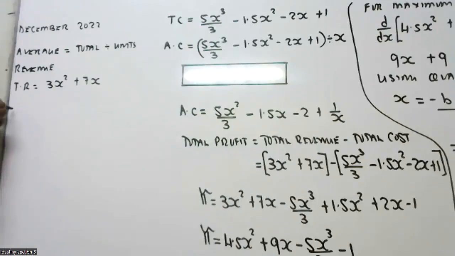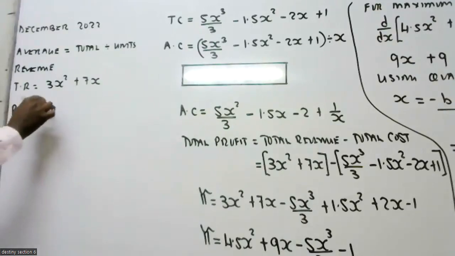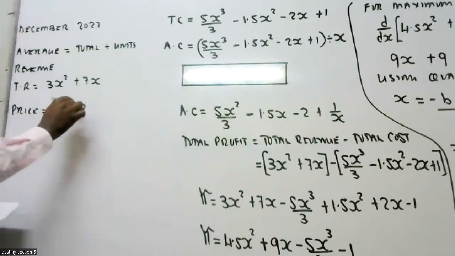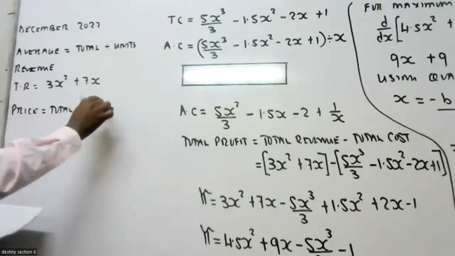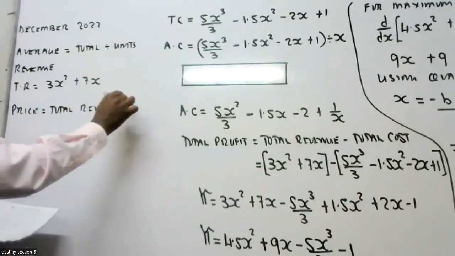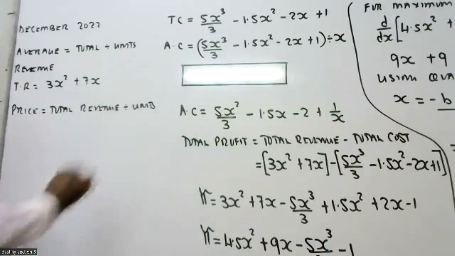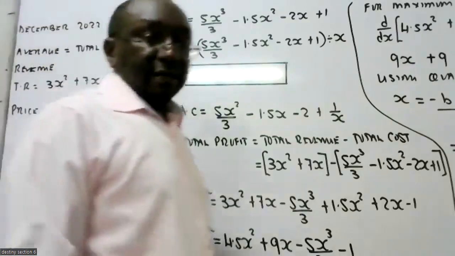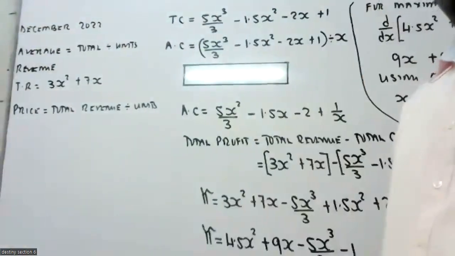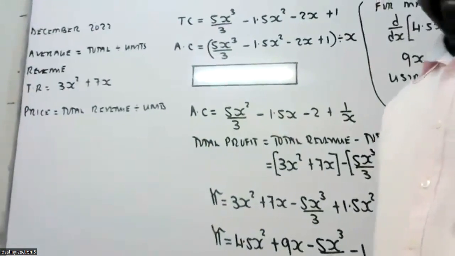Price is the same thing as total revenue divided by the units. In other words, price is the same thing as what we called the average revenue.